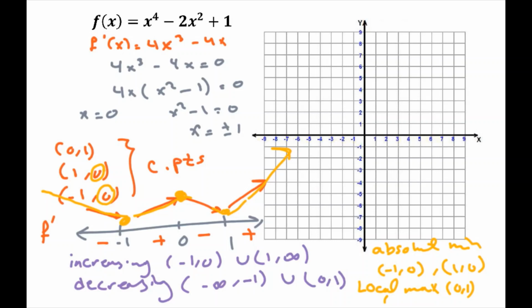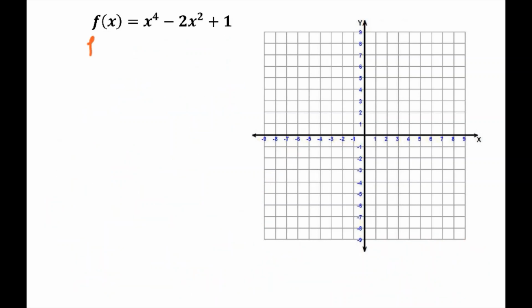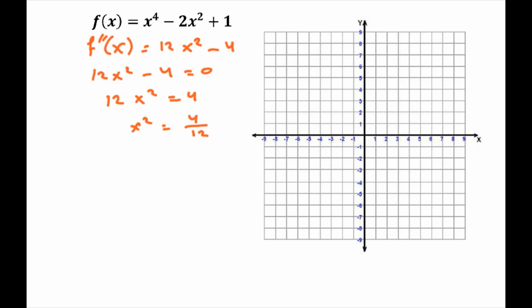Now let's find the second derivative. The second derivative will be equal to 12x squared minus 4. Make it equal to 0. Positive or negative? It will be positive. You will take a square root, right?